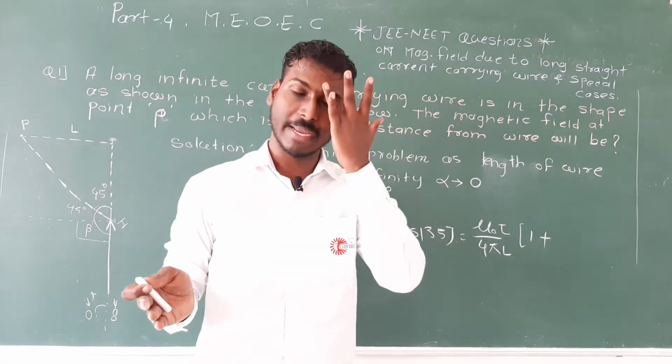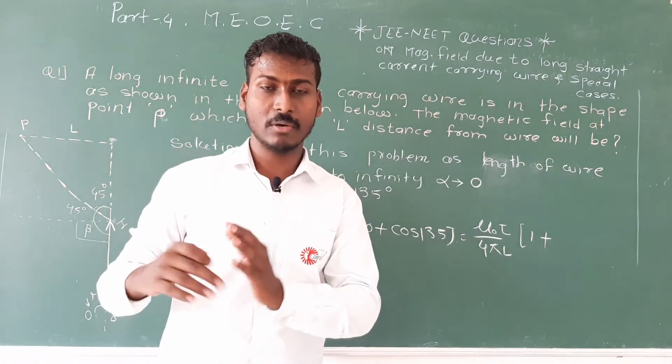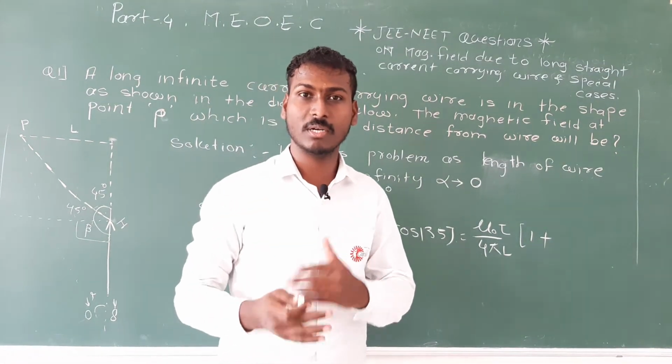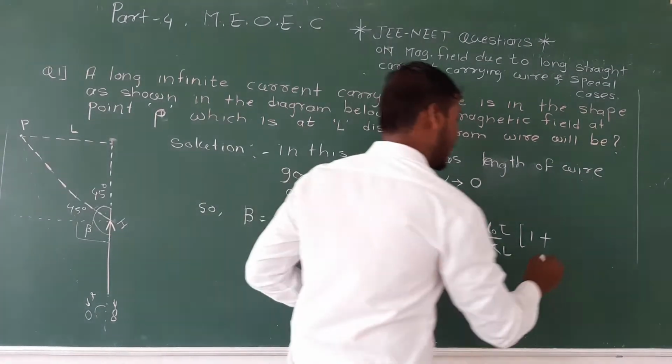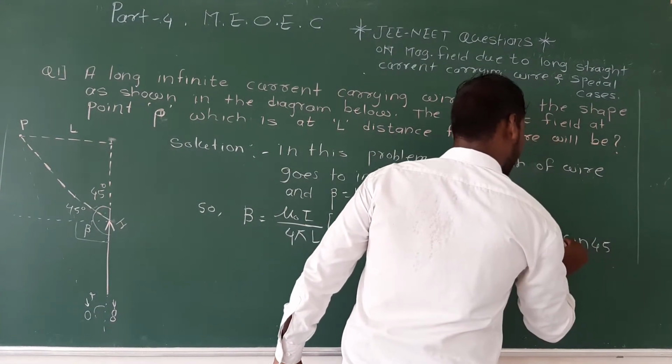Cos of 90 plus theta becomes minus sin theta, as 90 plus 45 goes to the second quadrant, and in the second quadrant cos is negative, that's why it will be sin 45 with a negative sign.